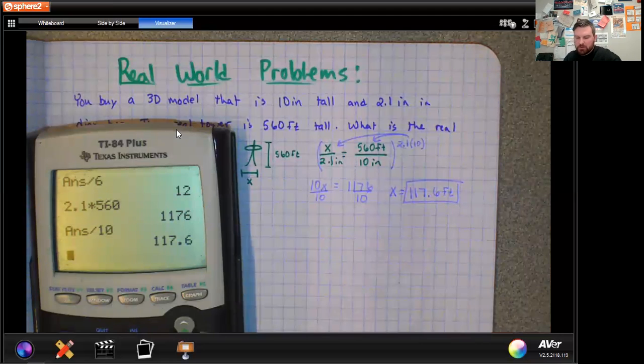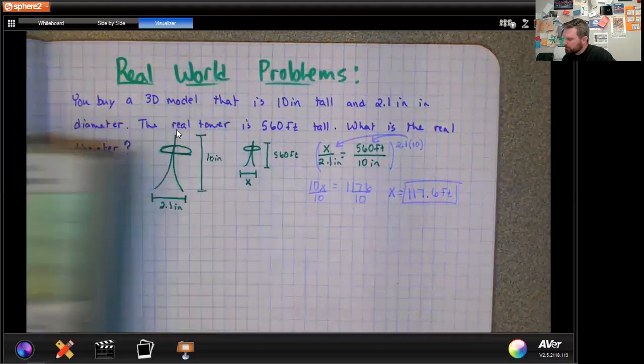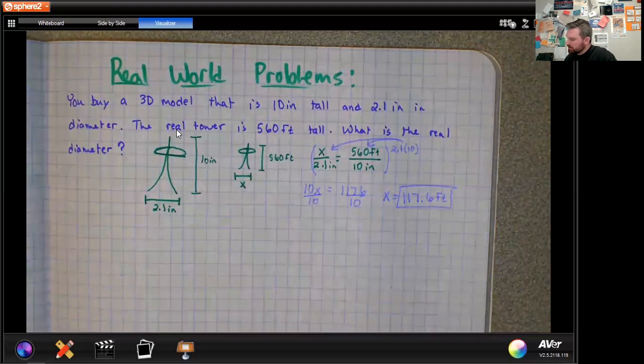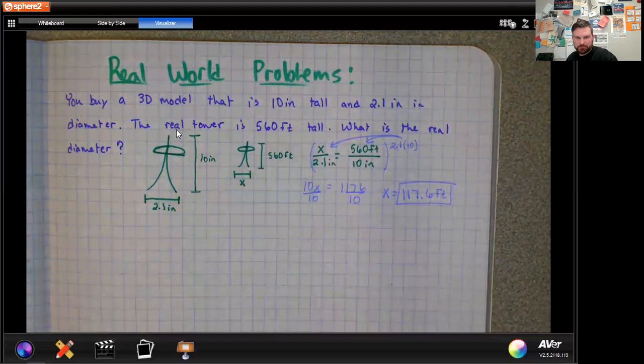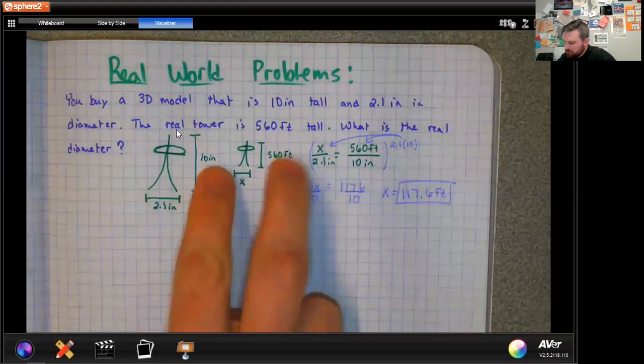Okay, we can look at the scale factor here, but the problem is I have inches to feet. To look at the scale factor, we have to get these both in the same label.